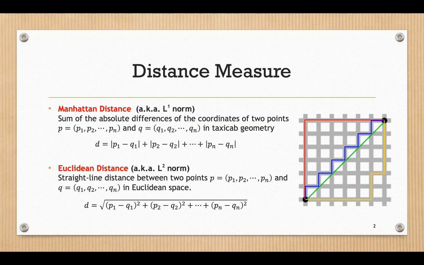So you can see it's (P1 minus Q1) to the power of 2 plus (P2 minus Q2) to the power of 2 all the way to (Pn minus Qn) to the power of 2. In the diagram, the straight line in green shows the Euclidean distance.